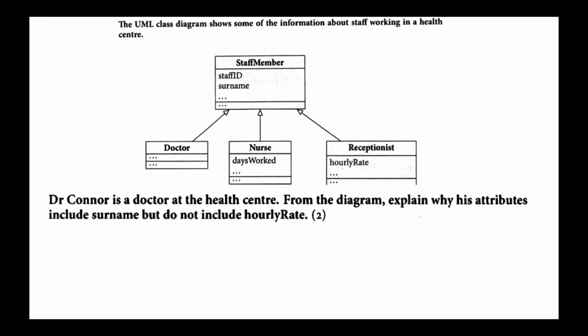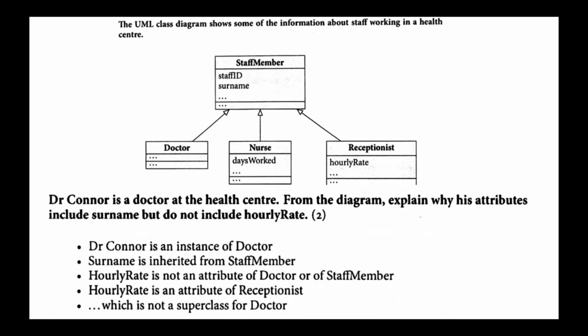Using the same class diagram, Dr. Connor is a doctor at the health centre. From the diagram, explain why his attributes include surname but do not include hourly rate. Is it because it's not inherited? Dr. Connor is an instance of doctor.